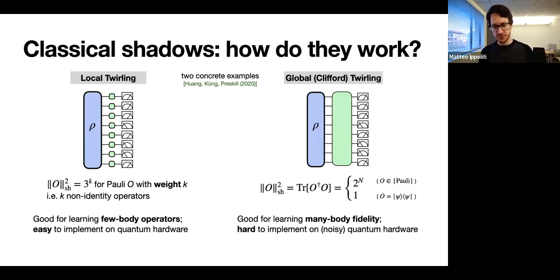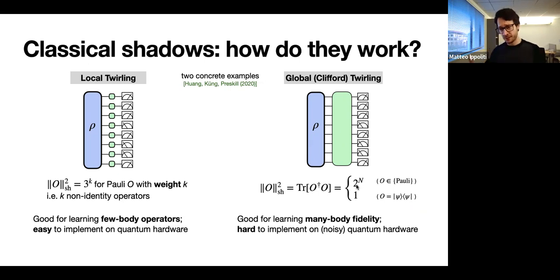On the opposite extreme, we have global twirling, where we go in with an n-qubit random matrix. And here, for considerations of classical efficiency, we have to choose a Clifford operation, which is going to be efficiently simulable on our classical computer. And if we do this and we run through the protocol, we find that the shadow norm reduces to the Frobenius norm, so a trace of O dagger O. Now, this is going to be prohibitive for any Pauli matrix, no matter locality.